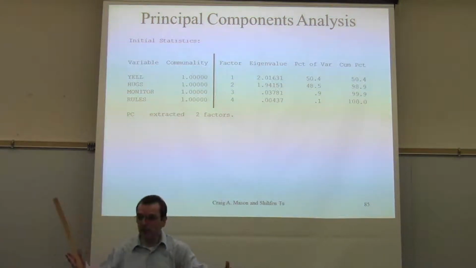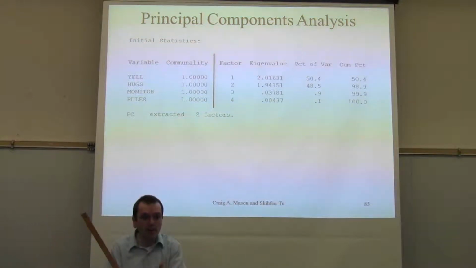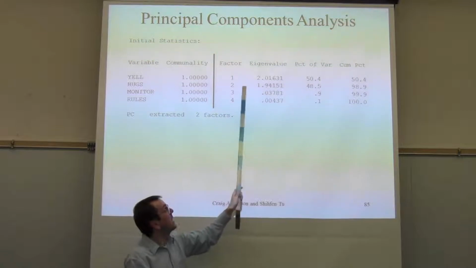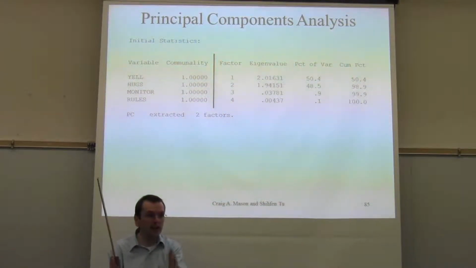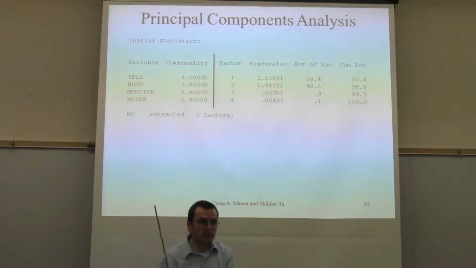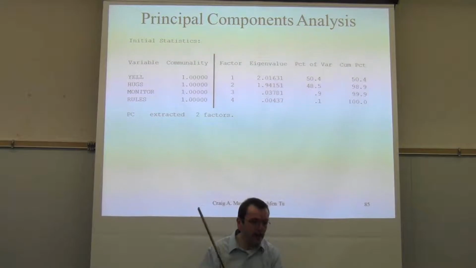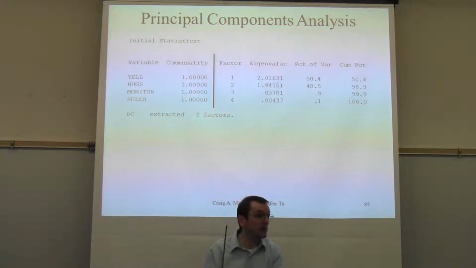So we've already kind of reduced stuff down. Look, we started with 4. I'm down to 1, and I've already got over half the information. The second box now, that's kind of how the rules work. The first factor gets the biggest eigenvalue. It gets the most information. Then of what's left over, how can I repackage that to get the most information of what's left over?